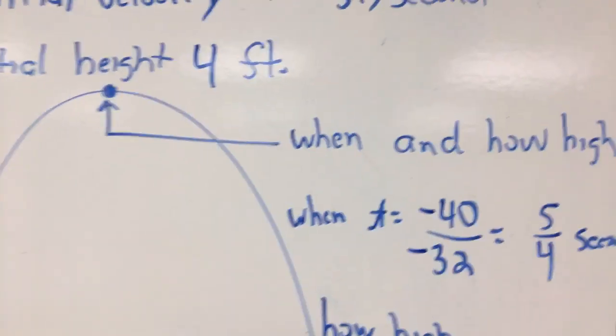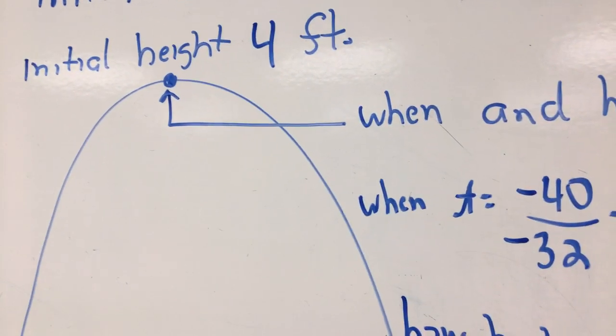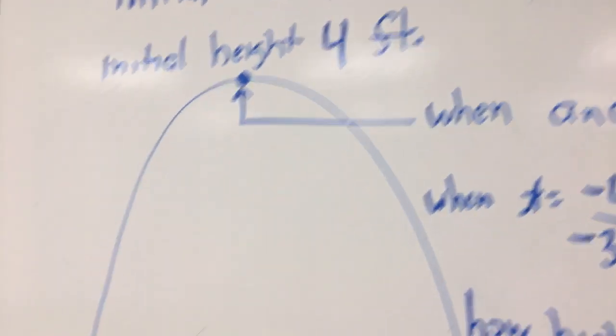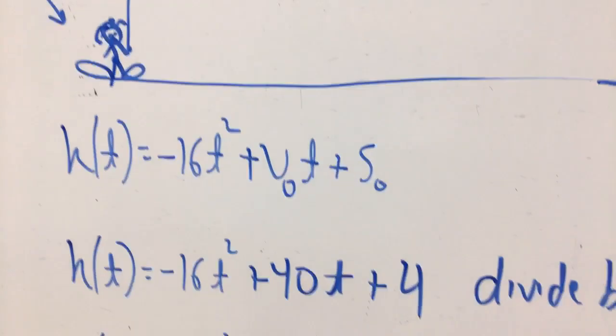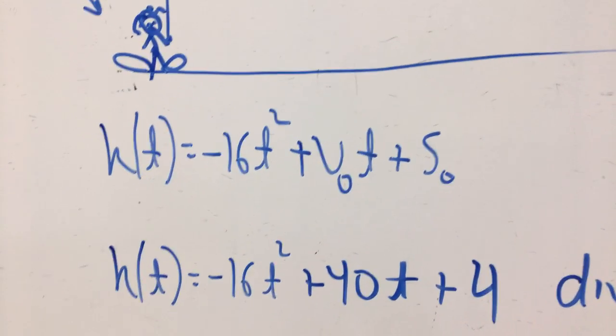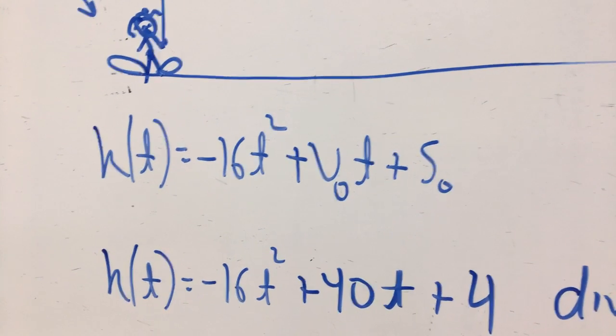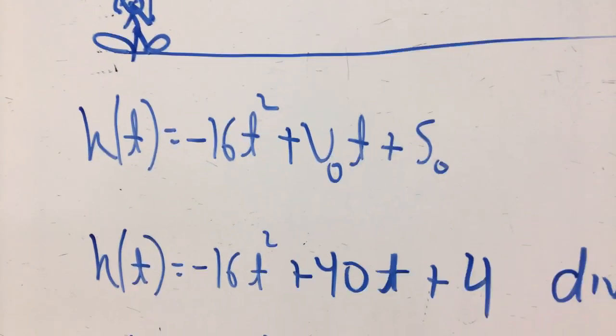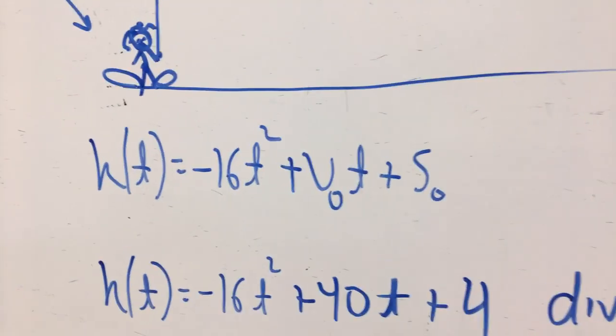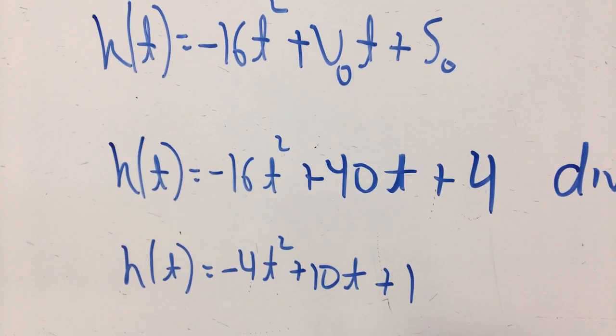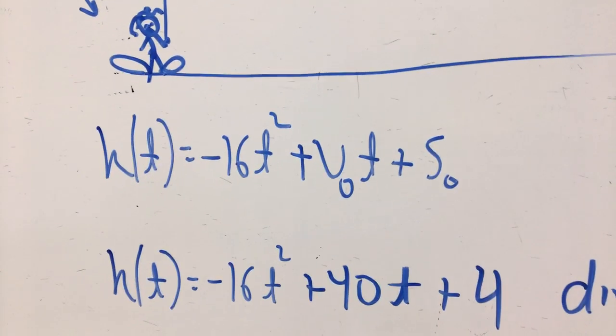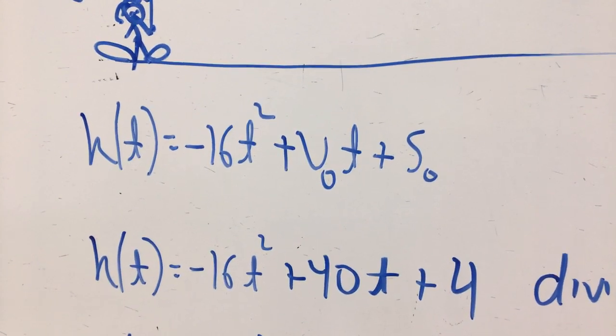Well, the when part of it is I need the vertex. So I start with my original equation. To find the vertex, you've got to use the original equation. Don't go dividing stuff because that'll foul you up. Your parabola will be way too short. So go to the original equation to find the vertex, all right?